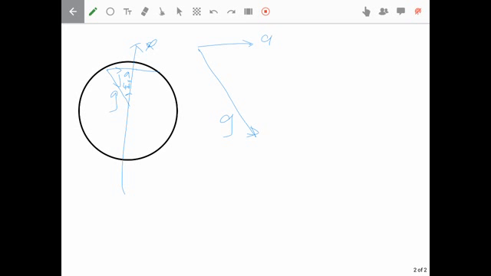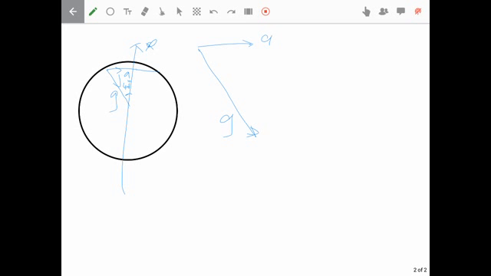So in that surface there should be a circle, and a should point to the center. But isn't g pointing to the center? What about a? a is the centripetal acceleration we got, and g always points to the center of the Earth. So why doesn't the centripetal acceleration point toward the center of the Earth?